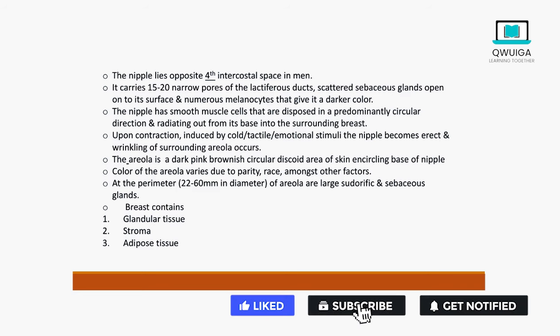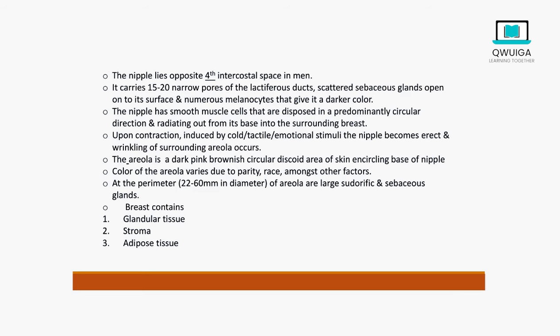Why does it have so many sebaceous glands? Babies suckle at the mother's breast, so there has to be secretions around there to prevent friction and flaking of skin.